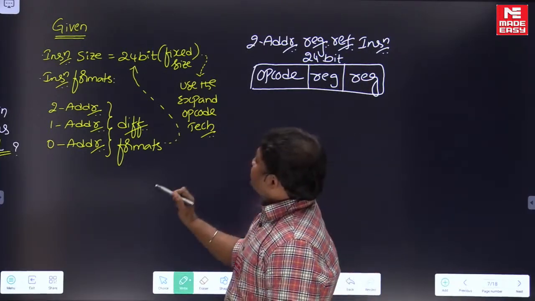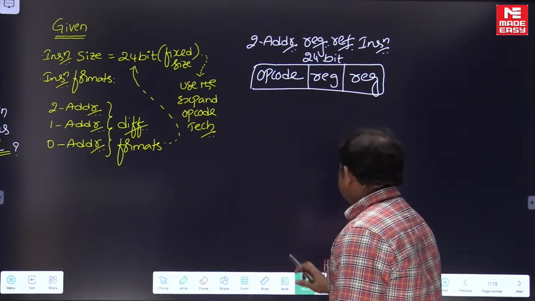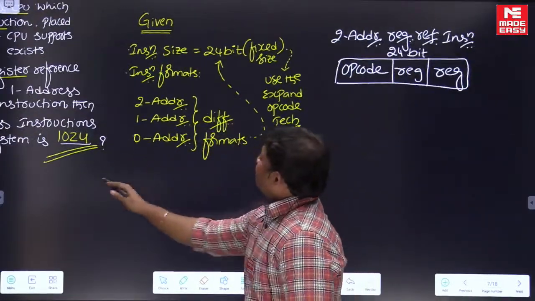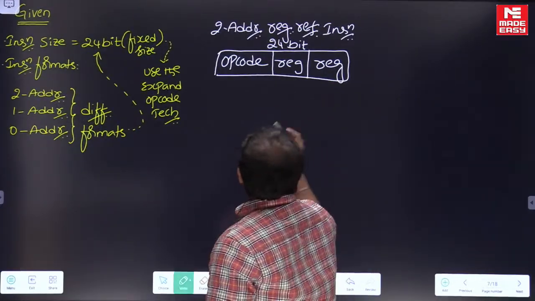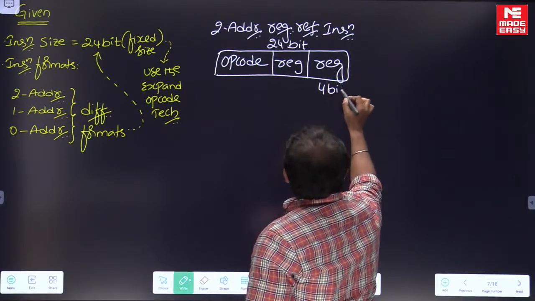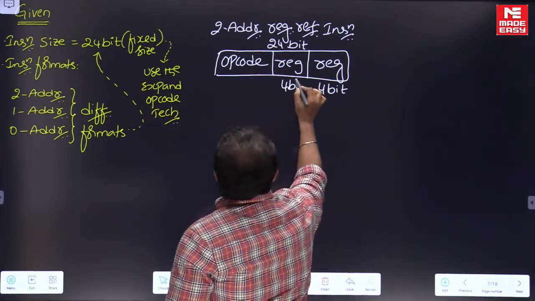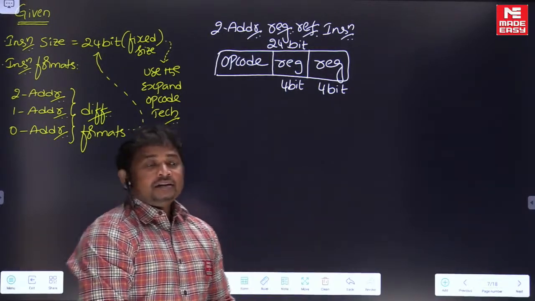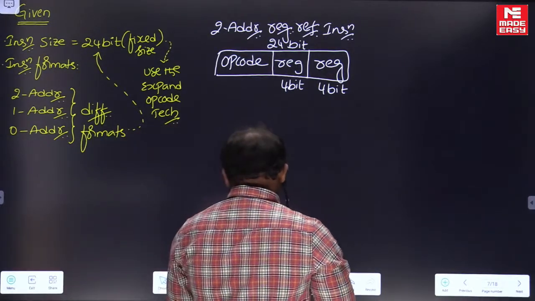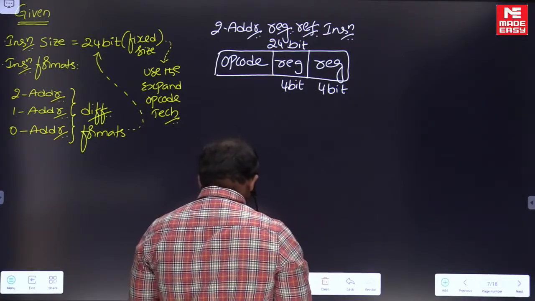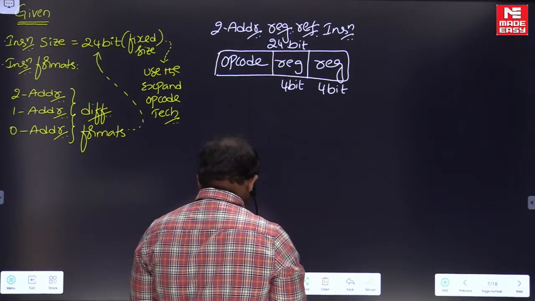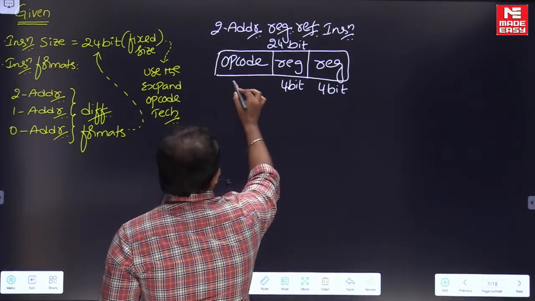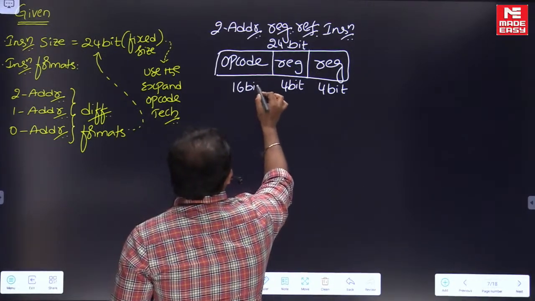The number of registers in the computer is given as 16, so 4-bit address, and this is also 4-bit. So 4-bit and 4-bit, and the remaining bits are used as opcode, that is 16 bit.